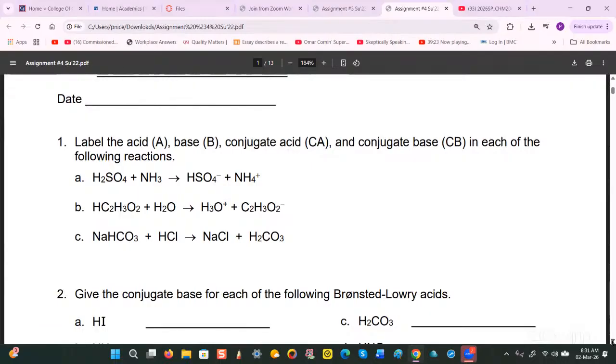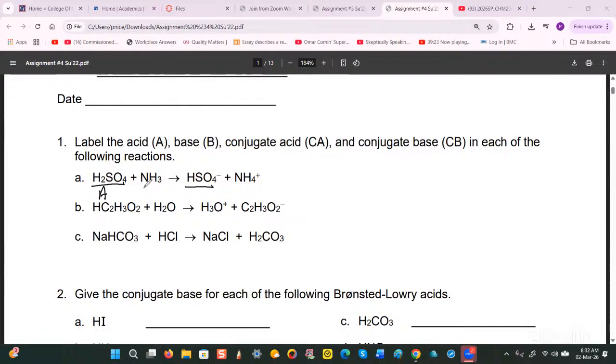So in answer to the first question, you have to look at what transformation is taking place, right? If you look at the first one, you'll see that as you go from left to right of this equation, H2SO4 loses a hydrogen ion to form HSO4 minus. So therefore, H2SO4 would be the acid, right? And the hydrogen ion that is lost from the H2SO4 is transferred to the nitrogen of the ammonia to form the ammonium ion.